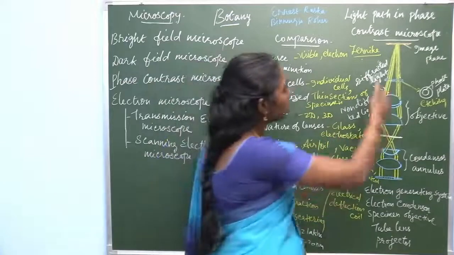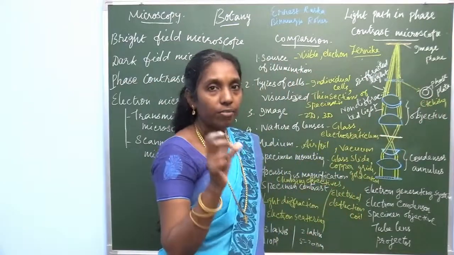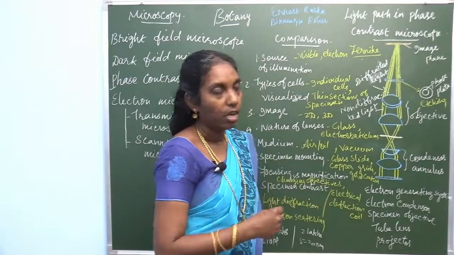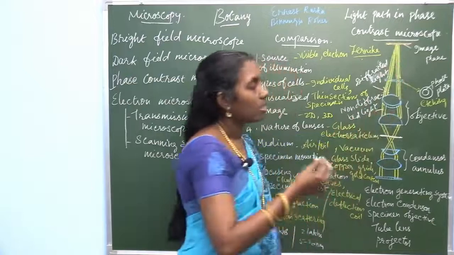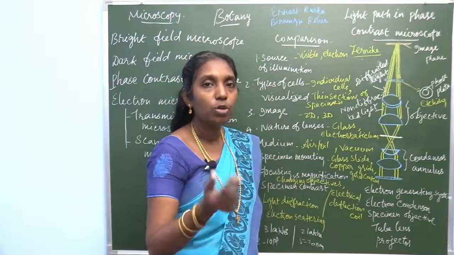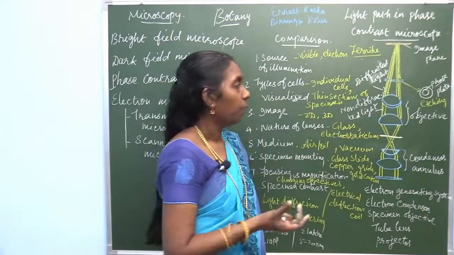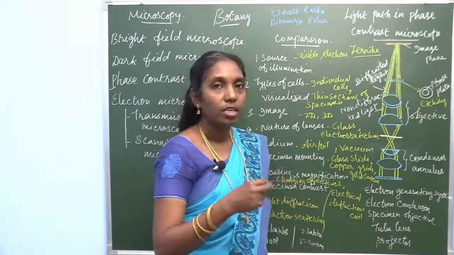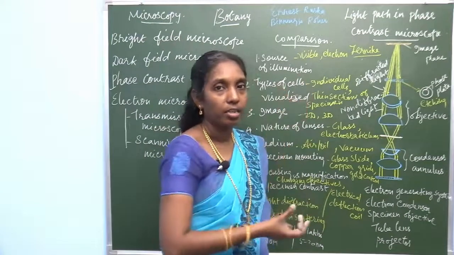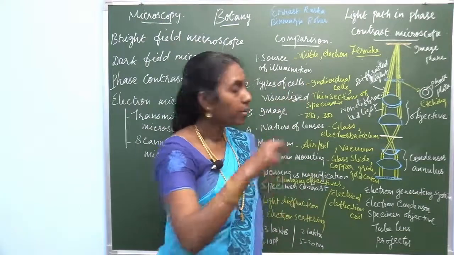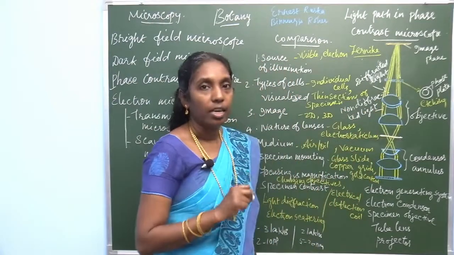When it passes through the phase plate, which is introduced here to increase the contrast, there are two different regions, thick region as well as thin region. The direct light is passed through the thin area, and the light from the specimen passes through the thick area.